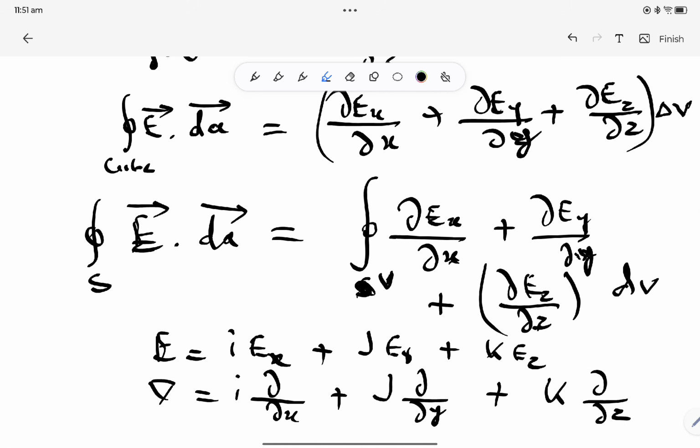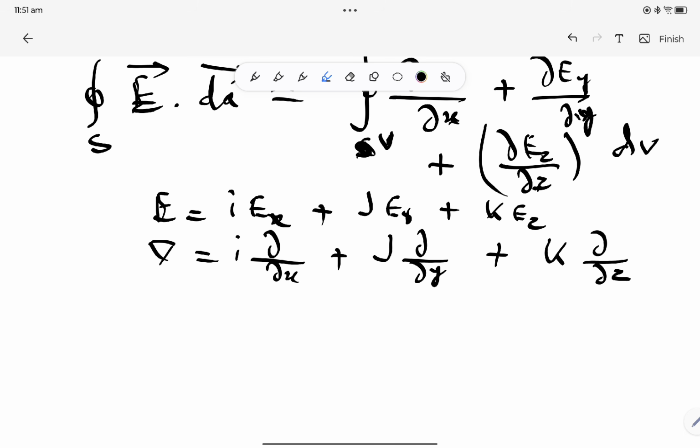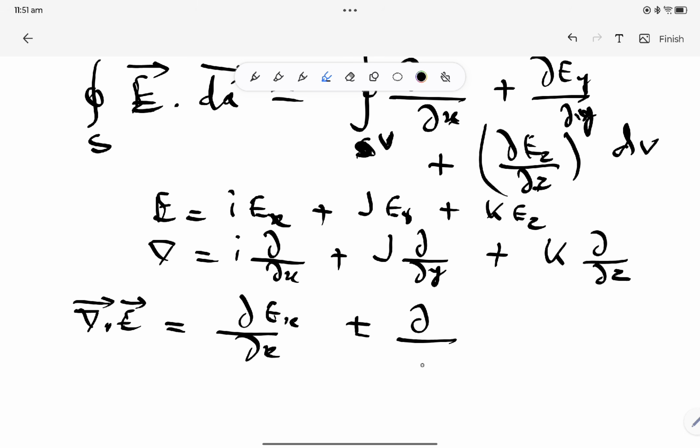Now the dot product is del dot E, which is del by del x Ex plus del by del y Ey plus del by del z Ez.